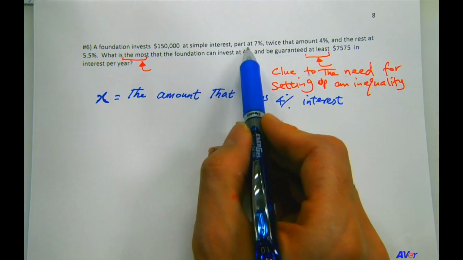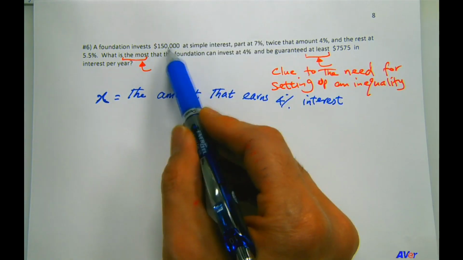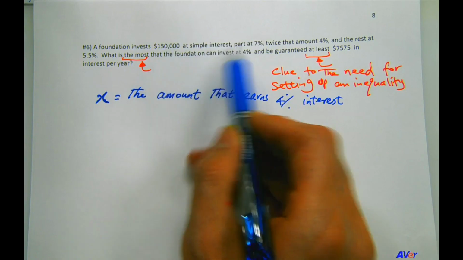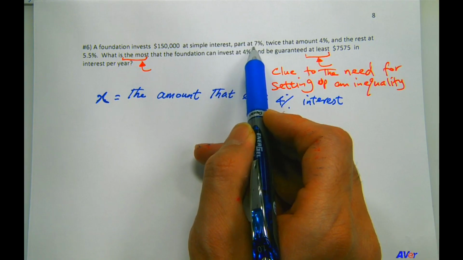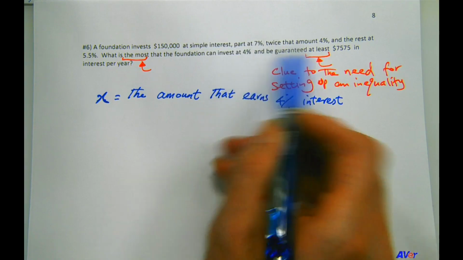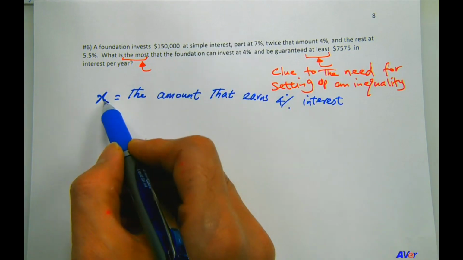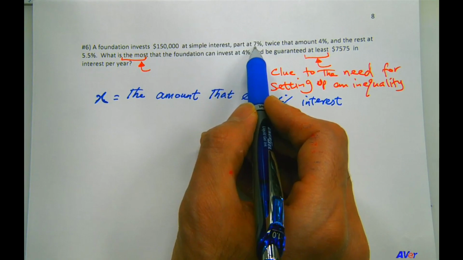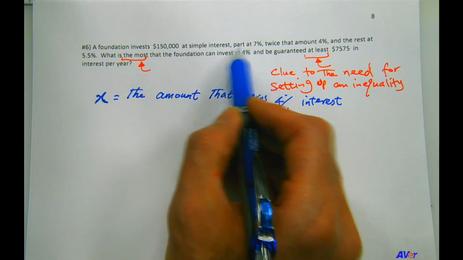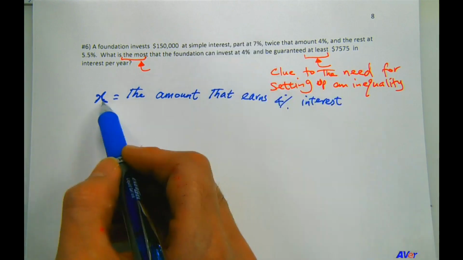They say partly, that means part of that 150,000 lump sum money is invested at 7%, and then twice that amount at 4%. So we know that this x, whatever it is, should be twice the amount invested at 7%, which means the amount invested at 7% must be half of x.